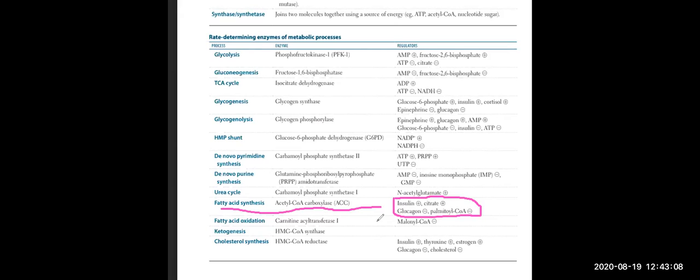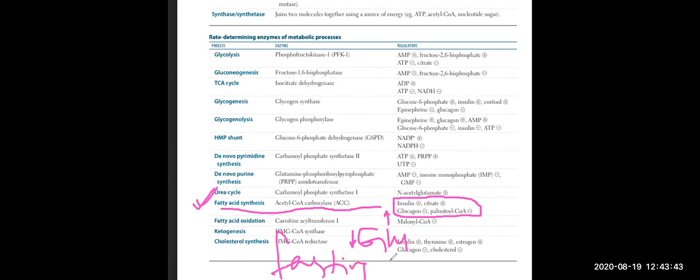Now the more glucagon your body is secreting determines that your body has low glucose levels. You are having low glucose levels, that is why your body is secreting more and more glucagon, and you are in a fasting state. So you need to synthesize fatty acids. You need to synthesize fatty acids when you are in a fasting state. Okay, so please remember this point.